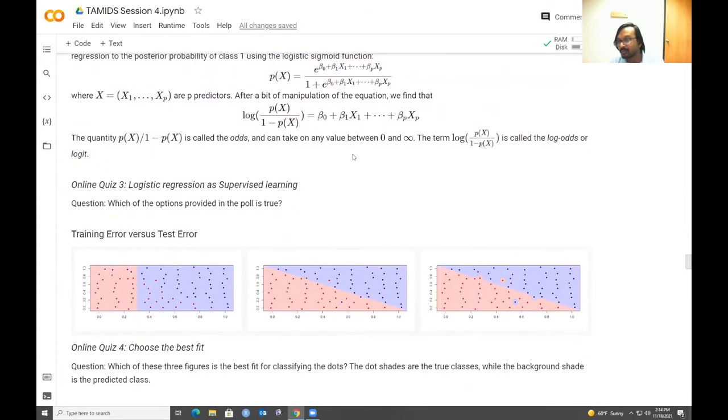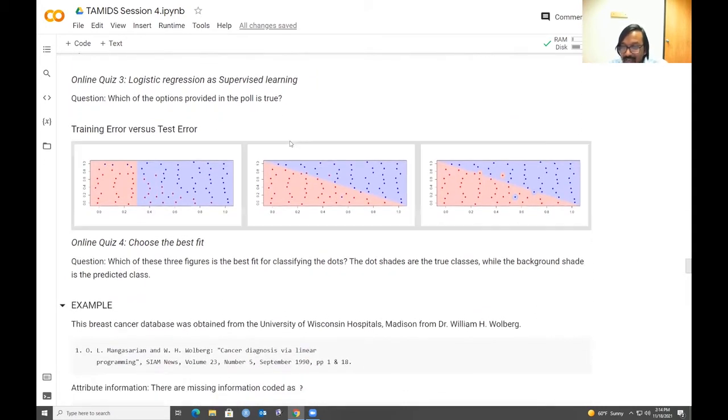Next, one more quiz for you guys. Let us talk about the idea of training error and testing error and try to see which of these three pictures are going to do well for a testing error, not for training error.